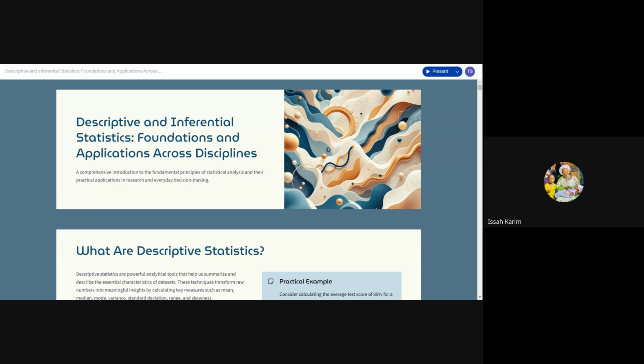On the other hand, when you come to the inferential aspect, we are saying that there are methods that we use to draw conclusions or make predictions about a population based on data collected from a sample.